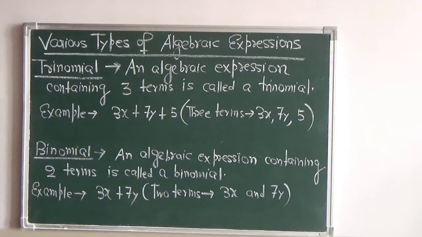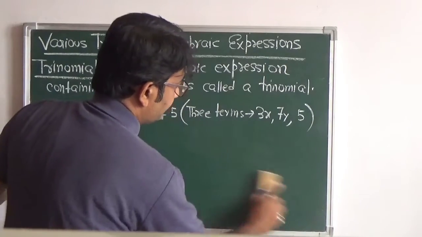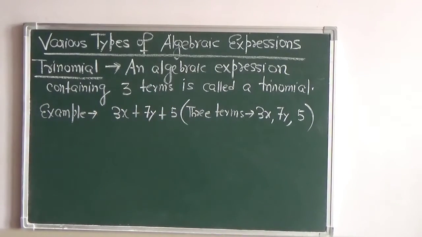The next one is multinomial. What is called a multinomial?